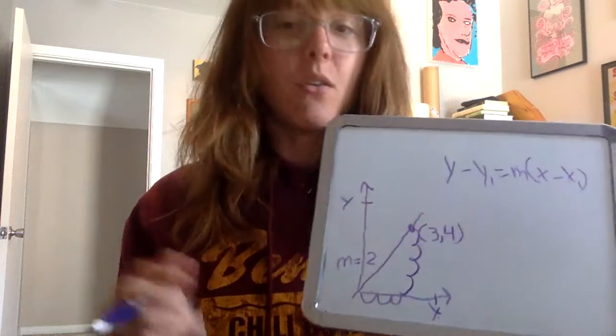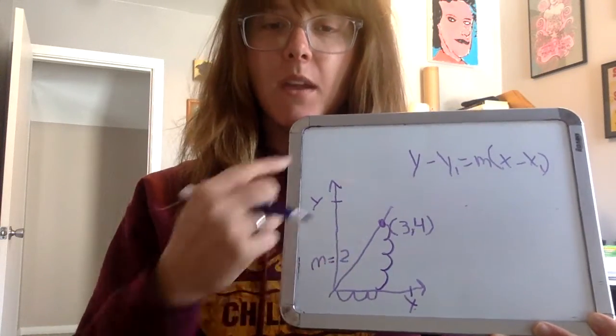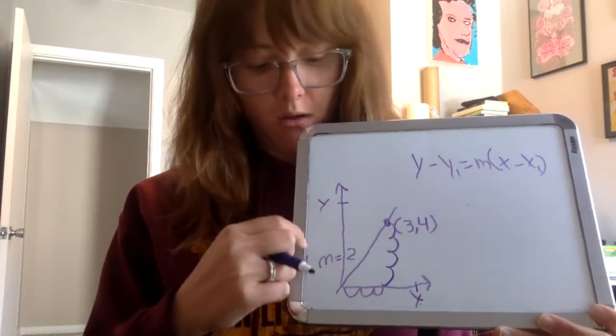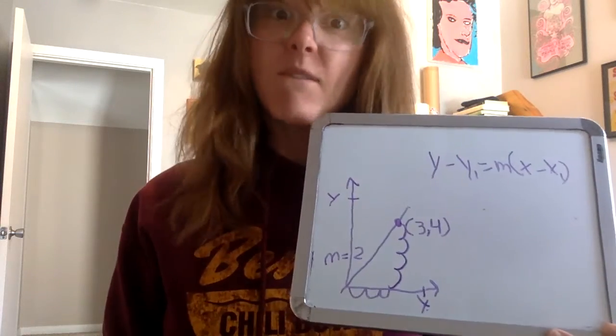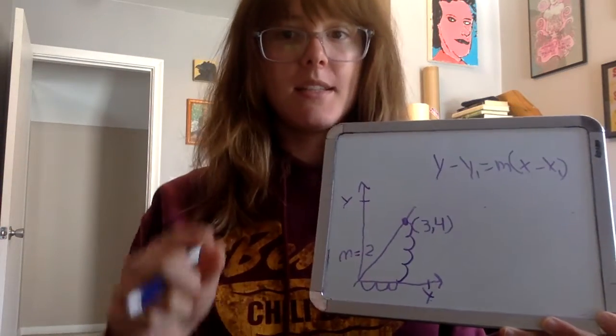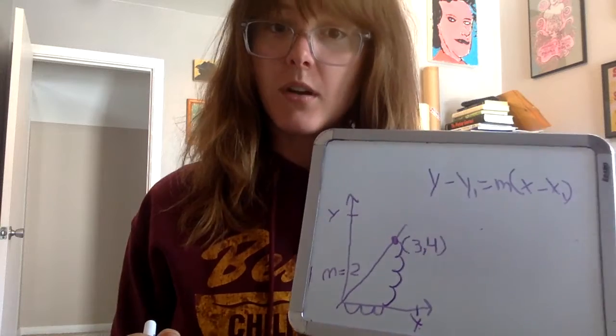All right, so to write our point slope form, we are going to pull the information that we have, which is our slope, m, and our point, (3, 4). So instead of using y1 and x1, we're going to use our coordinate point.